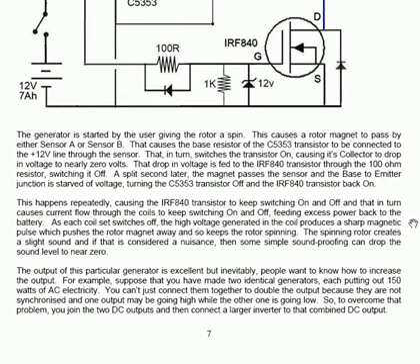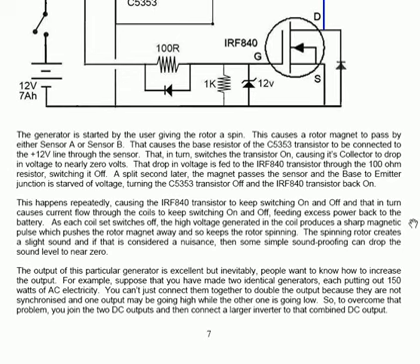You can't just connect them together to double the output and be sure that it will work, because they're not synchronized, and one output may be going high while the other output is going low. So to overcome that problem, instead, you join the two direct current outputs together and then connect a larger inverter to that combined DC output.